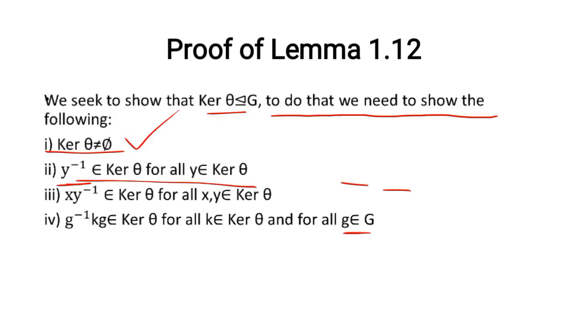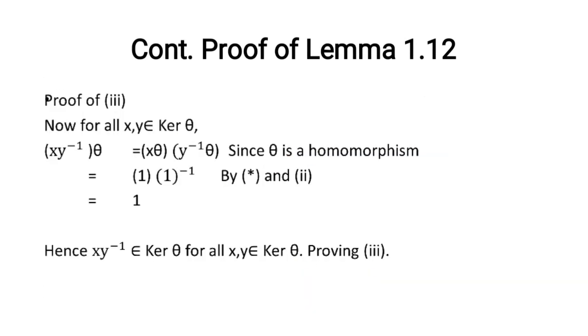Okay, so we've proven the second identity. We need to prove the third one. Okay, so let's prove the third one. For the third one, we know that x and y lie in the kernel of theta because it's not empty, right? So what will x y inverse theta look like? Because theta is a homomorphism, remember? It can split into these two because it's a homomorphism.